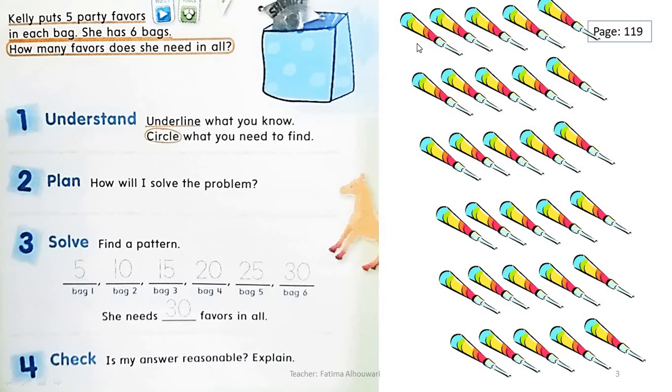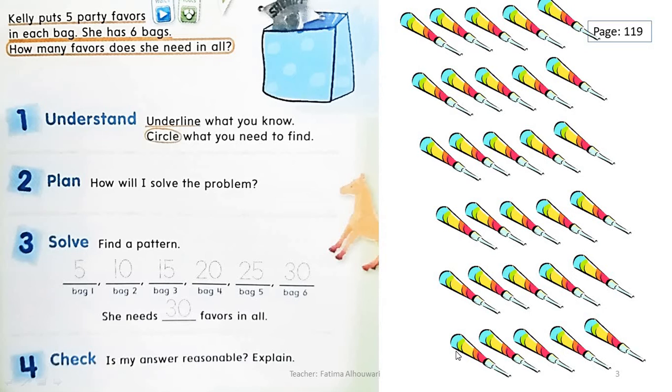Let's use what we learned in the last 2 lessons: skip count. We have the same number in each group, which is 5, and we have 6 groups. So we can count up like this: 5, 10, 15, 20, 25, and 30.